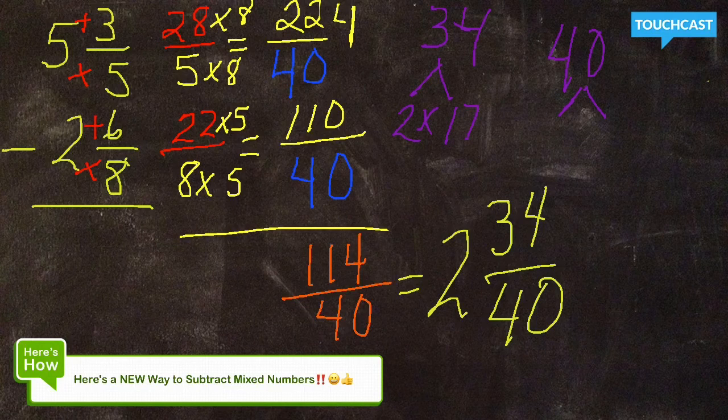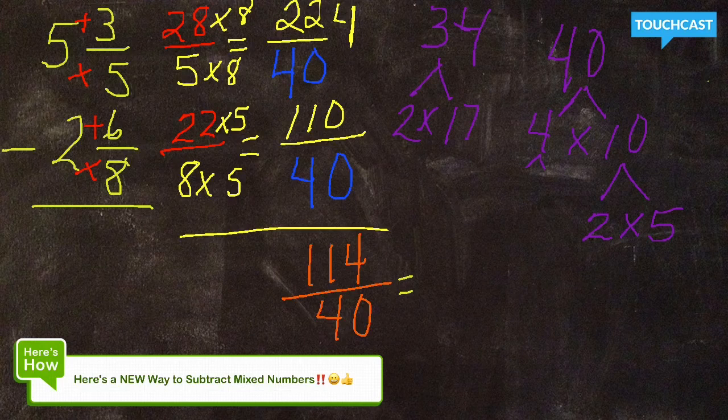And what could we multiply together to get 40? 4 times 10. Well, 10 is not prime, so we need to come off of that and say 2 times 5. 4 is not prime, so we're going to come off of that and say 2 times 2.